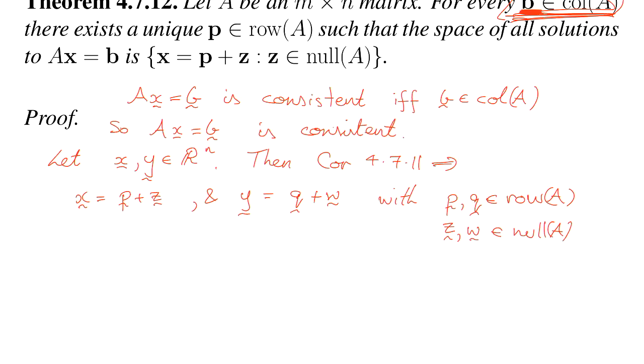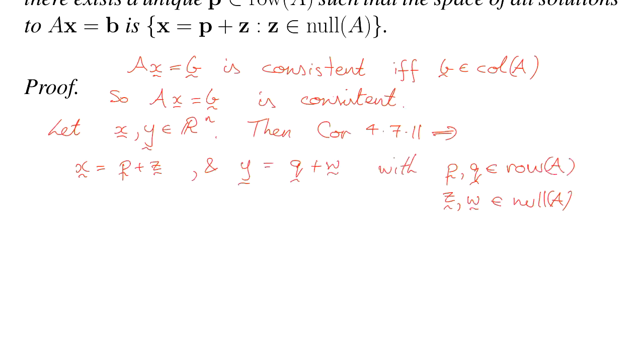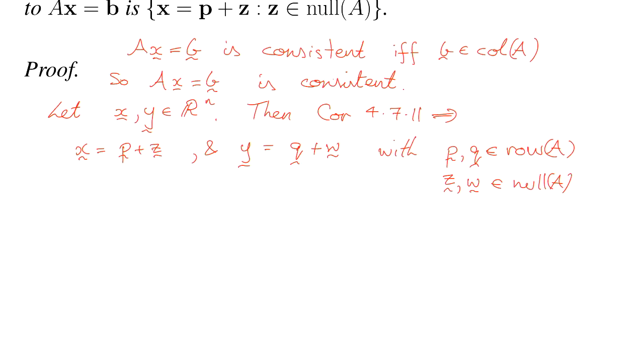Okay? So now, I haven't assumed anything about x and y yet, except they live in Rn. But now let's assume that they're both solutions to our equation Ax equals b. And we know that thing has solutions because b is chosen to be in the column space.